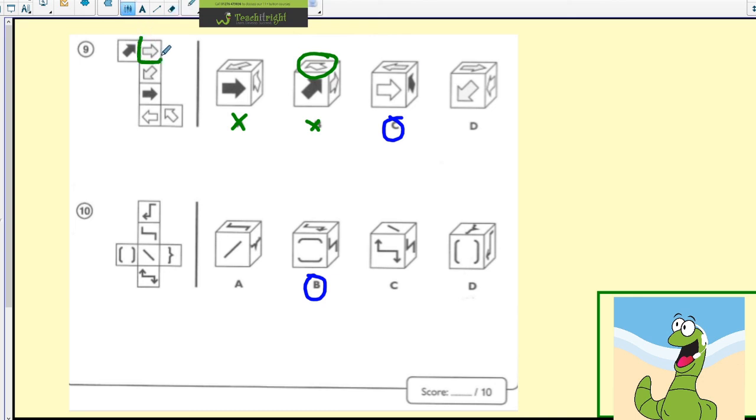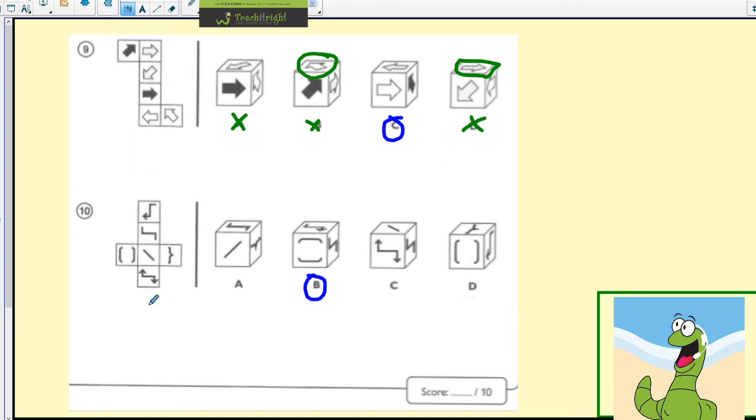If this arrow here was to be pointing towards it, hopefully you see when I bring this round underneath, the arrow is pointing in the wrong direction. So there's no way to get this white arrow to have any arrow pointing at it. This one won't be, this one won't be pointing directly. So we can never have this situation where you've got an arrow pointing directly at the side of it. So it's not D.